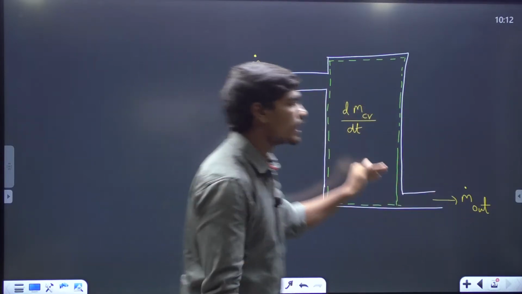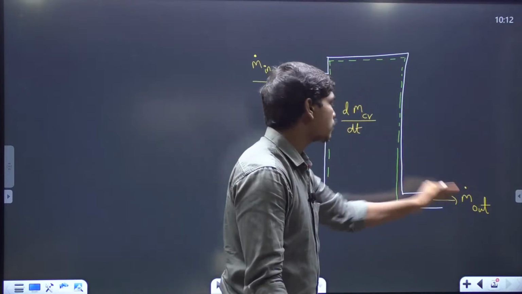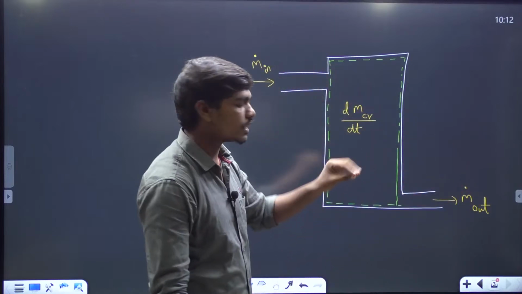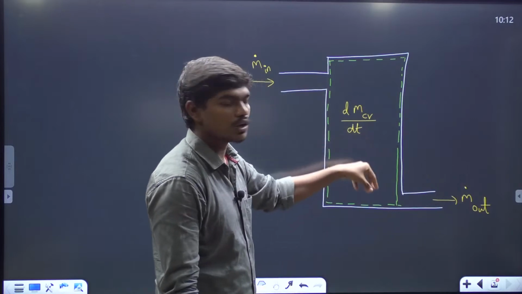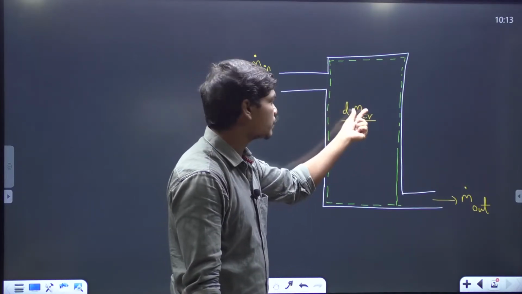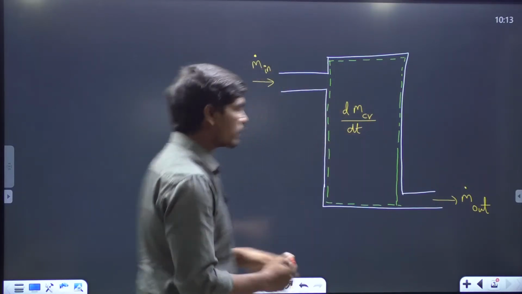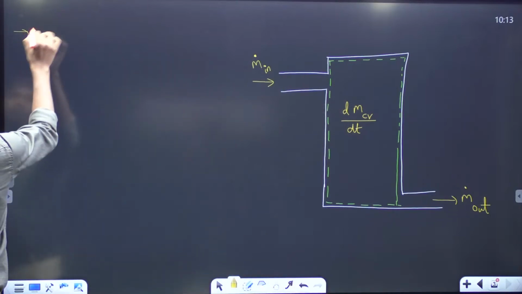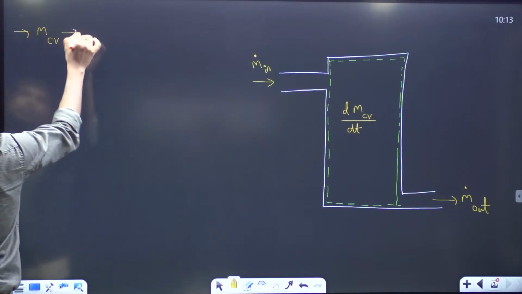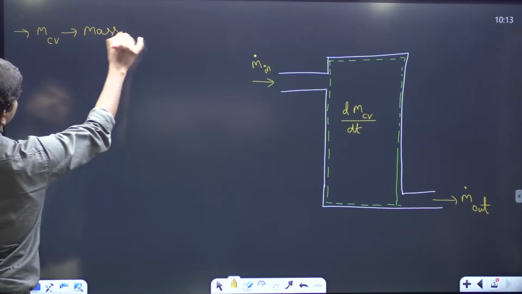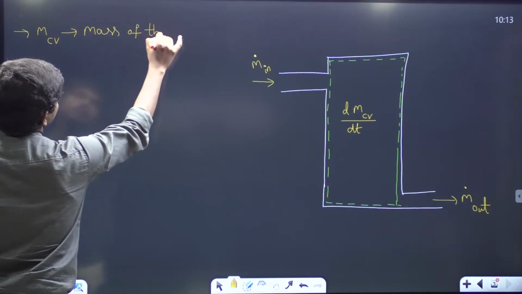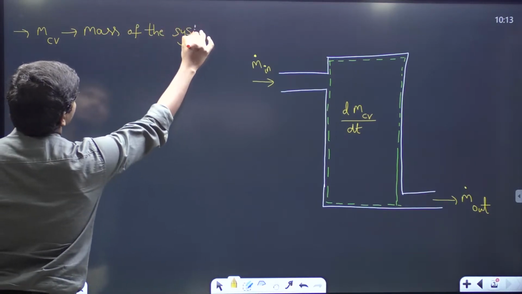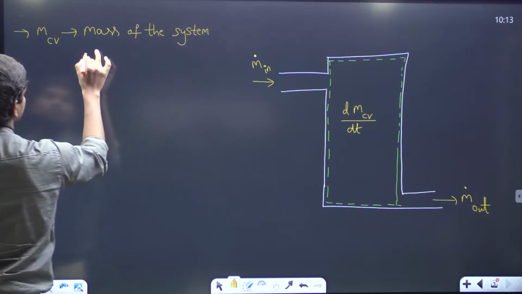Suppose 10 kg is going in and only 8 kg is coming out, then 2 kg of mass for every given time gets stored inside the control volume. So there is some change in mass of the control volume with respect to time. Let us suppose m_cv is the mass of the system inside the control volume.